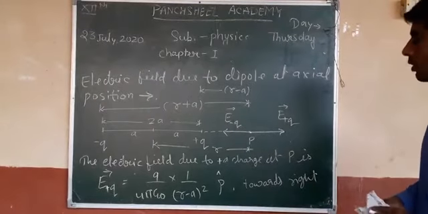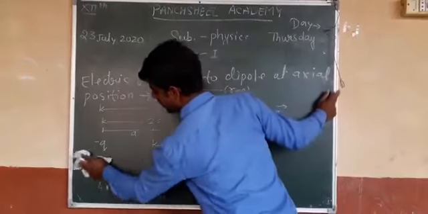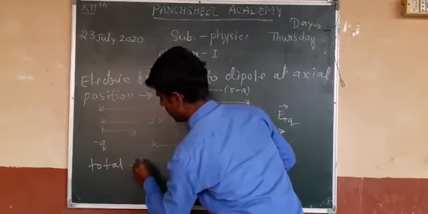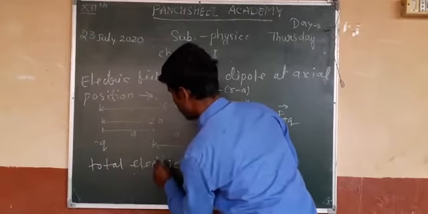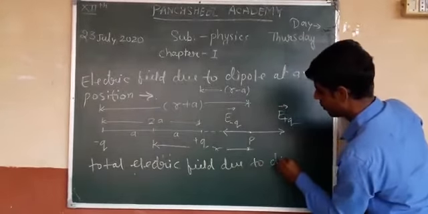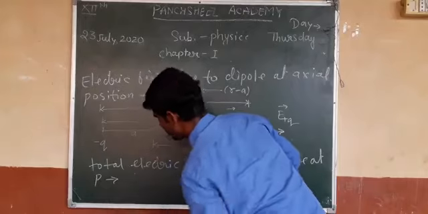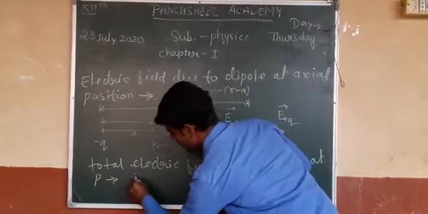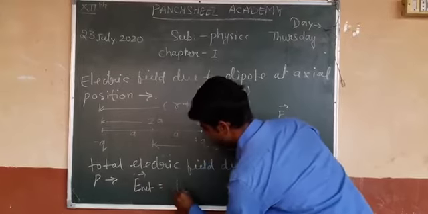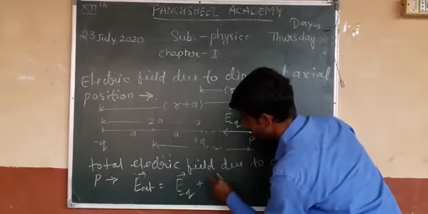So what is the total electric field? The total electric field due to the dipole at P is E net equal to the electric field due to minus q plus the electric field due to plus q charge.